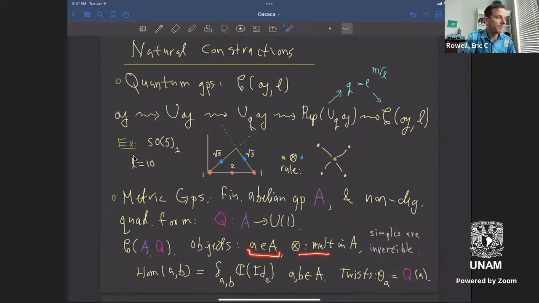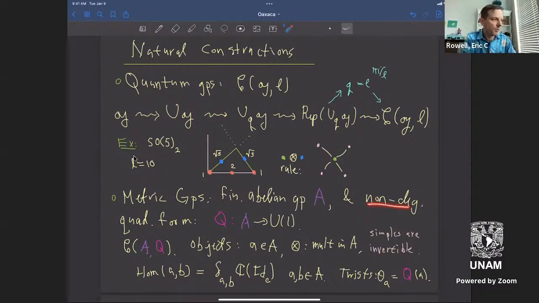And the tensor product is just like the multiplication in the group. Okay, so in this case, the simples are all invertible in the sense that you can find something to tensor it with to get the monoidal unit out. So in this sense, the simple objects really do form a group.